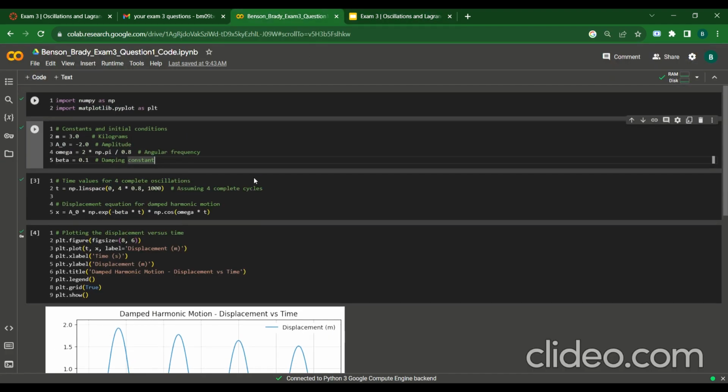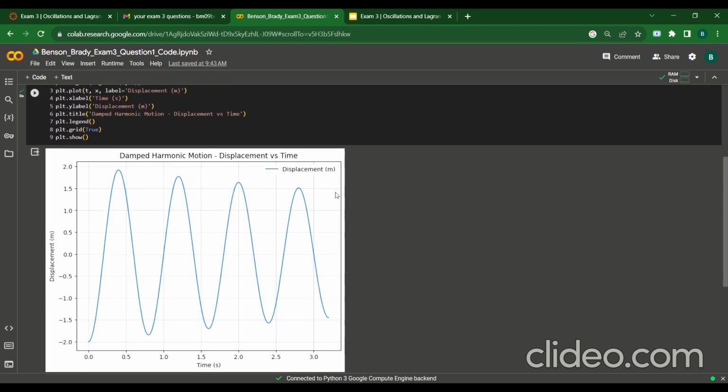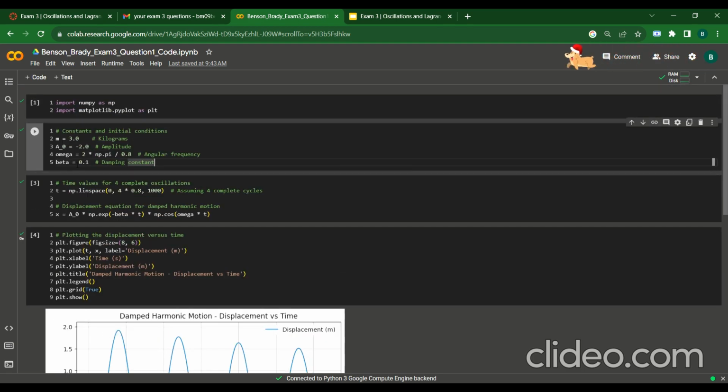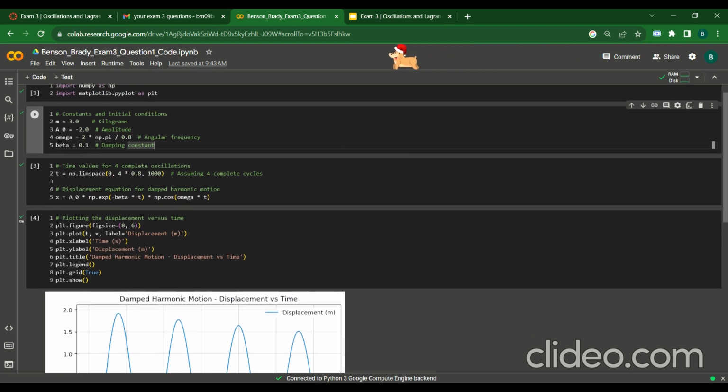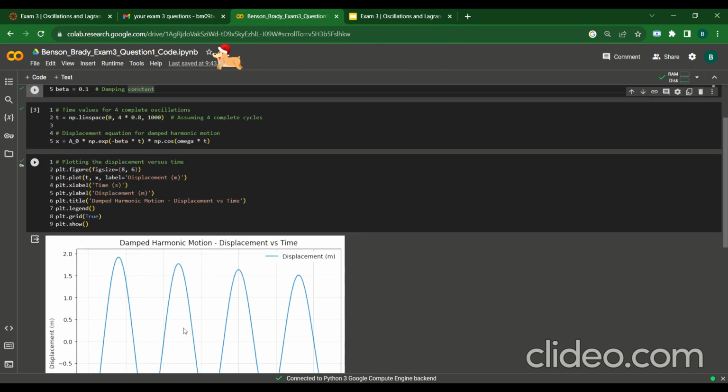I tried a bunch of different constants, and the beta that came out closest to my actual graph was beta equals 0.1. So my damping constant for this graph would be 0.1.